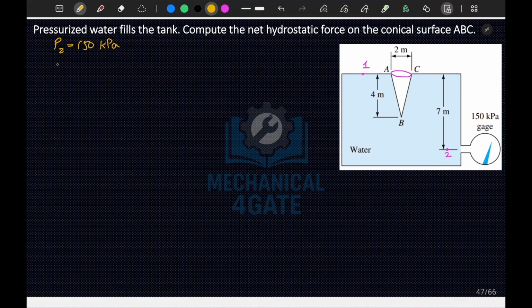Okay, so if I want to write P1, I can write it as P2 minus rho gh. Okay, and this will be equal to 150 minus 9.81 into, so it is kilopascal, so I directly use the specific density here, that of water is 1, into h is 7 meter.